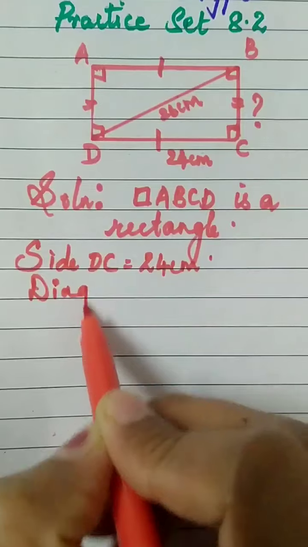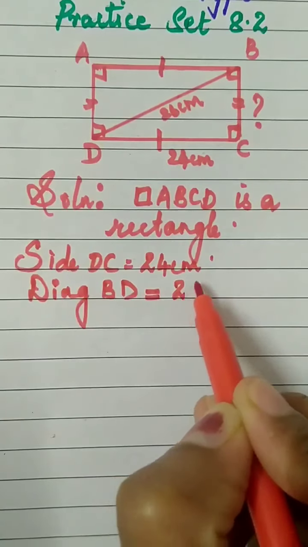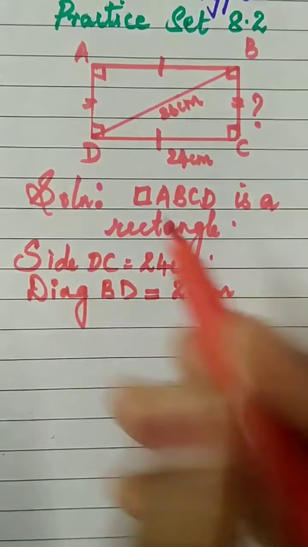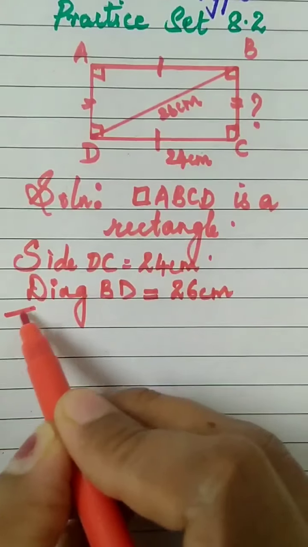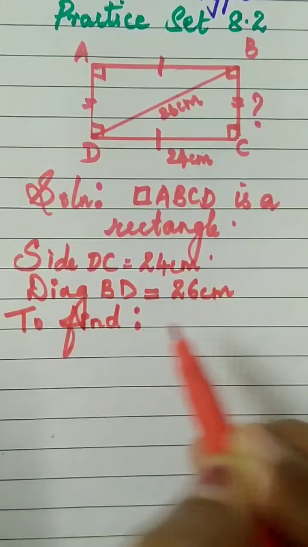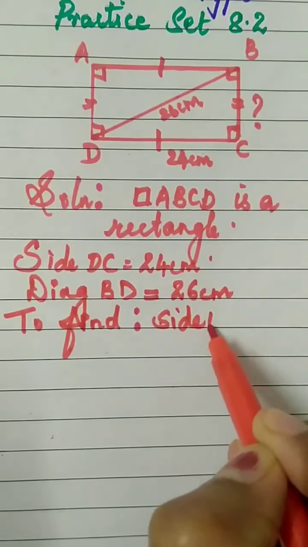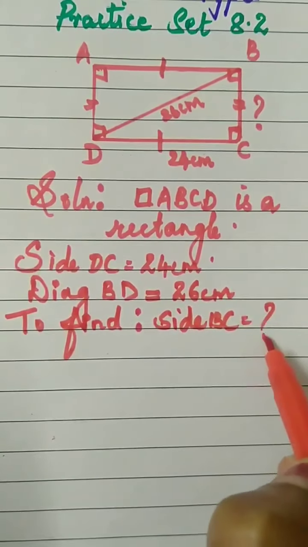Diagonal BD is equal to 26 centimeter. Then to find, we will write here only, to find what is to be found, other side, that is side BC is equal to how much.